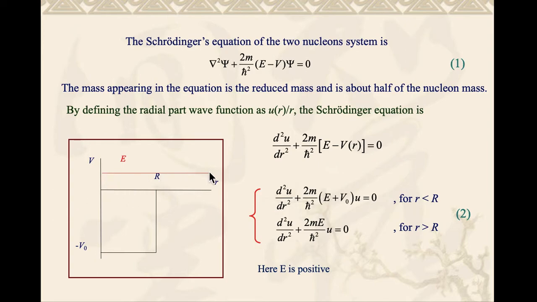Here, energy is always the same, that means energy is conserved. Before scattering and after scattering, energy is the same. So d square u by dr square plus 2m by h cross square E plus V0 times u equal to 0 for r less than capital R, and for r greater than capital R, this V0 is not there. So it is d square u by dr square plus 2mE by h cross square u equal to 0. In the last case, in place of this E, we used minus B.